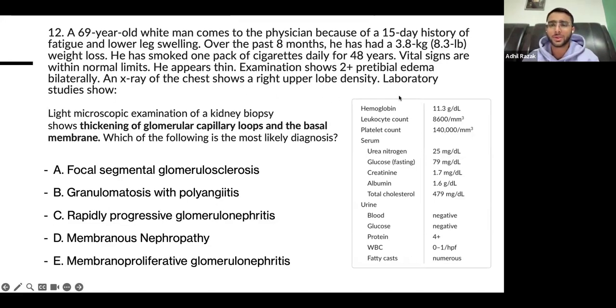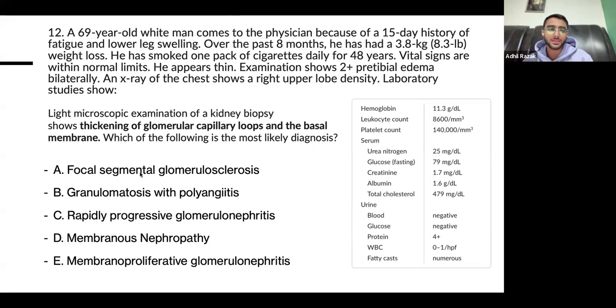His X-ray shows a right upper lobe density. And the labs show proteinuria, numerous fatty casts, pretty distinctive for nephrotic syndrome. And in the light microscopy, what you see is thickening of glomerular capillary loops and basal membrane.